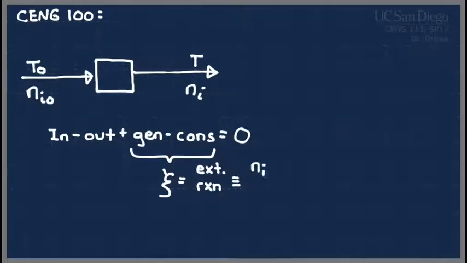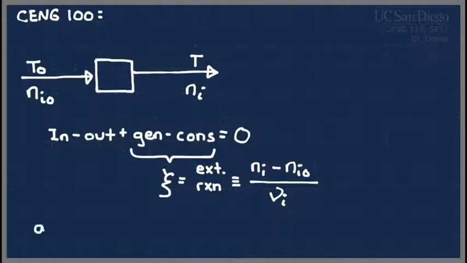And we just defined this for no particular reason as the moles leaving the system minus the moles entering the system divided by the stoichiometric coefficient for whichever species you happen to be talking about. And we just had that as a definition, and we kind of lumped all the generation and consumption into that single term squiggle. It happens to work pretty well. In order to use squiggle, we needed to know what that stoichiometric coefficient was.